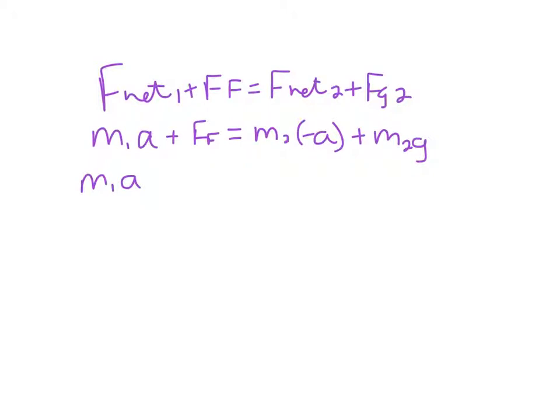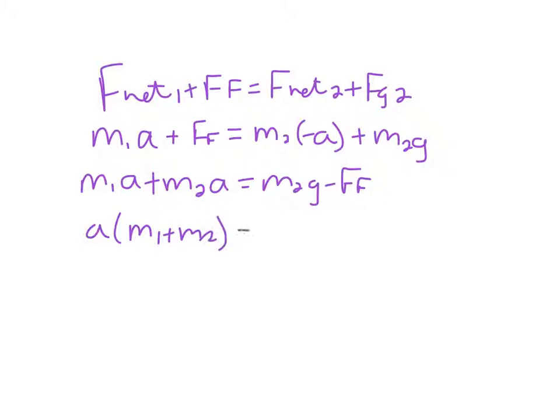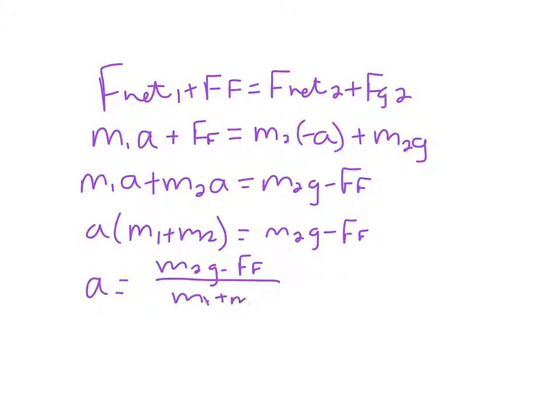Mass 1 times acceleration, getting all the accelerations to the same side, plus mass 2 times acceleration equals m2g minus the frictional force. Factoring out the a, we get a times (m1 plus m2) equals m2g minus Ff. So acceleration is going to equal (m2g minus frictional force) over (m1 plus m2).